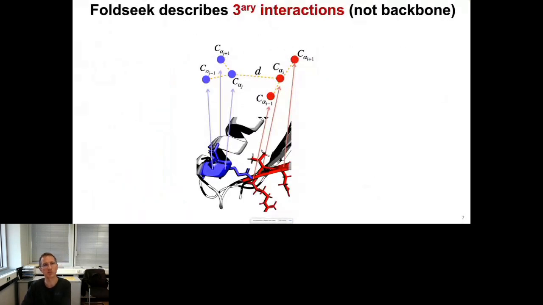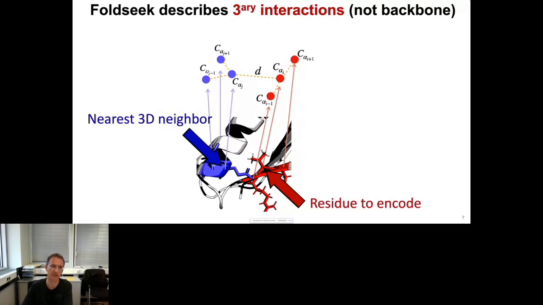So the idea in Foldseek was to not describe backbone, but to describe tertiary structure. What I mean by that is that for every residue that we want to encode in our letter, we search for the residue that is nearest in 3D space, and then we describe the conformation between those two, meaning we describe the little piece of backbone of each of those.